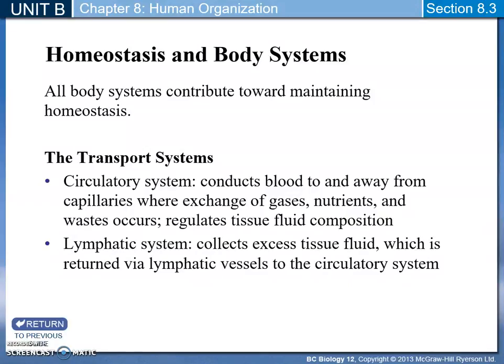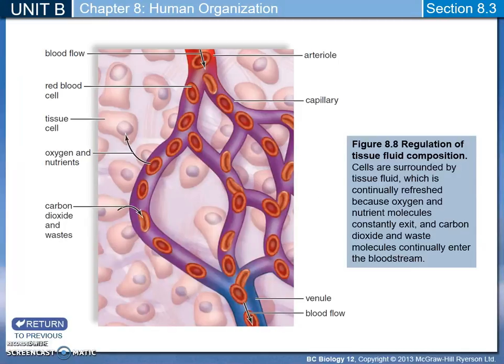And so we have the transport systems. The circulatory system conducts blood to and away from capillaries where the exchange of gases, nutrients, and wastes occurs, and regulates tissue fluid composition. Also, the lymphatic system, as we mentioned earlier, collects excess tissue fluid, which is returned via the lymphatic vessels back into the circulatory system. And here is a diagrammatic representation of that.